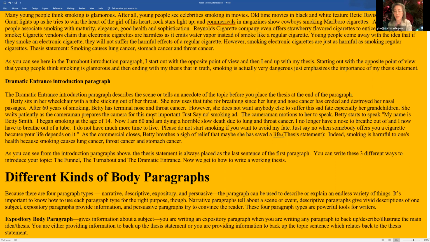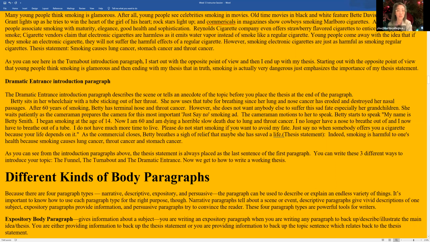Just say no when somebody offers you a cigarette because your life depends on it. As the commercial closes, Betty heaves a sigh of relief, hoping that maybe she has saved one of her grandchildren's life. Indeed, smoking is harmful to one's health because smoking causes lung cancer, throat cancer, and stomach cancer.